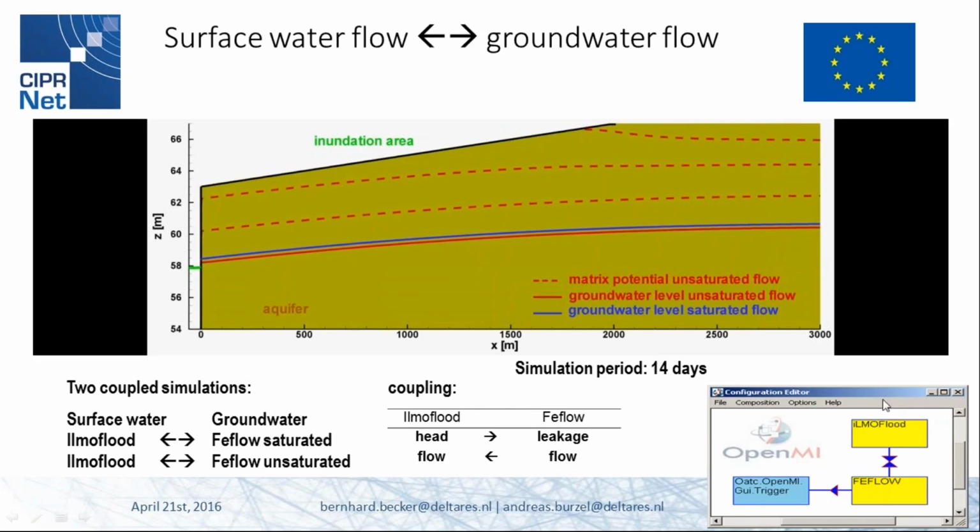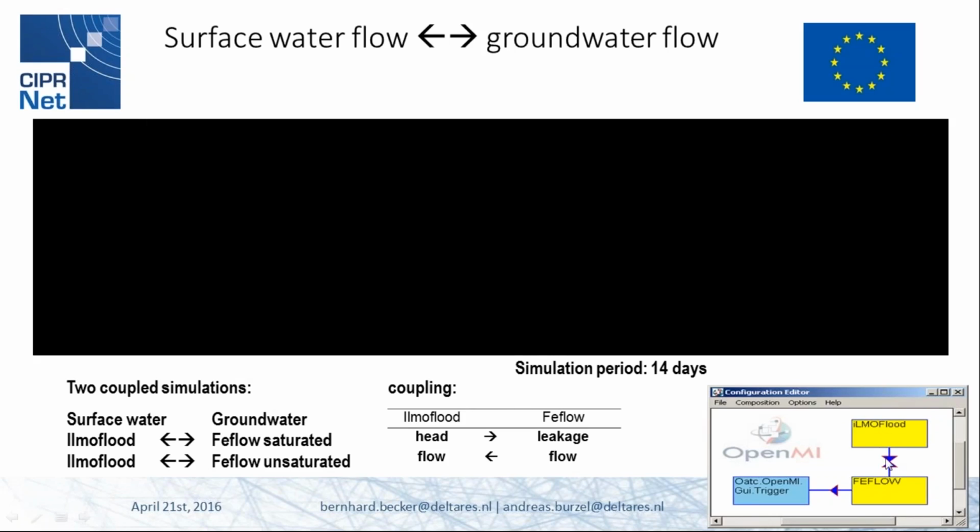So this OpenMI composition consists of an Elbe flood model and a FIFLO groundwater model. The Elbe flood model produces water level, and these are fed to a leakage boundary condition in FIFLO, and the corresponding flow is passed back to the Elbe flood model.